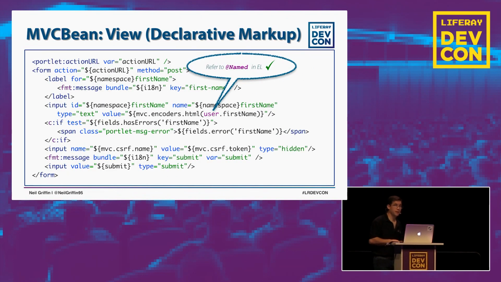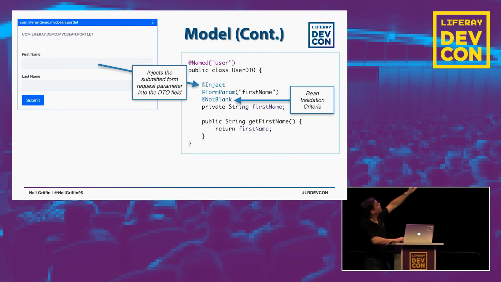This is what the view looks like. It's just plain declarative markup, and we've been doing this in technologies like JSF for quite some time with facelets, and it makes heavy use of EL, the expression language. So you can see here the user keyword is actually something from right here.